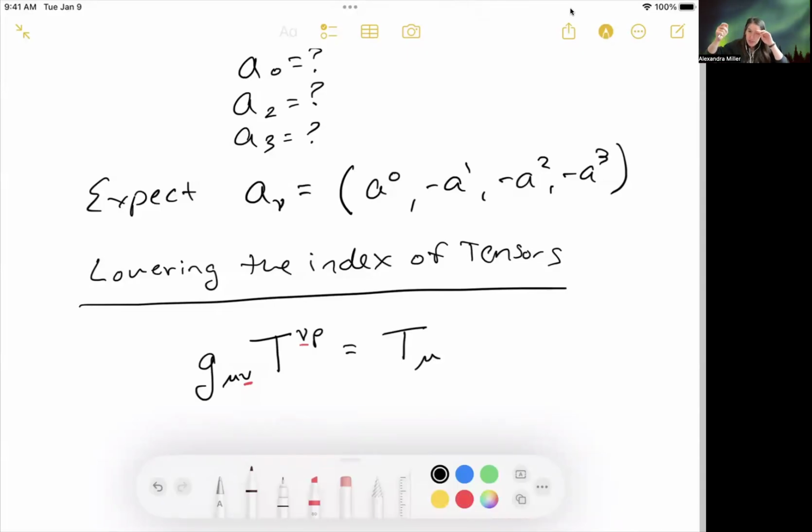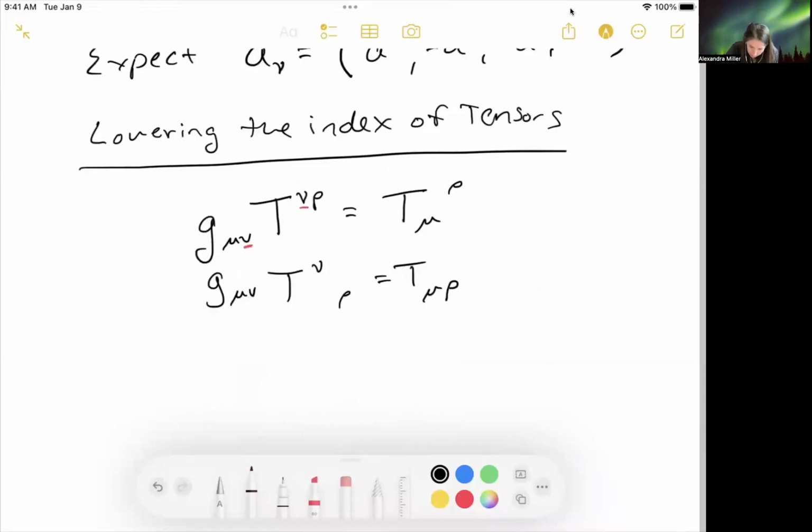So the nus are repeated, so they're going to go away, and we're left with a mu, and then our rho is still up top. That index isn't affected. Or if I have T nu, and then maybe the rho was downstairs to start, now this is T mu rho. All right, so maybe just for one more example, if we have a rank 3 tensor, T nu rho sigma, then hopefully this does exactly what you would expect, right? The other guys just come along for the ride.